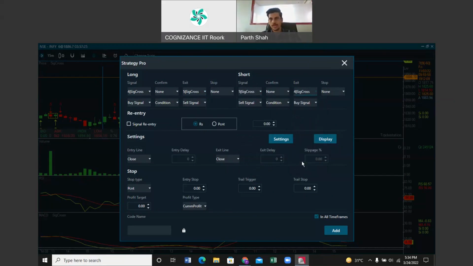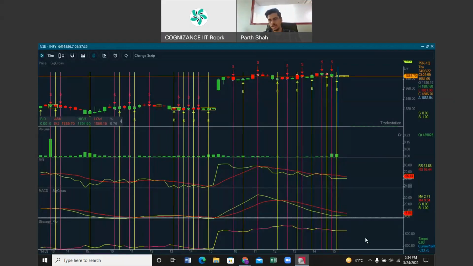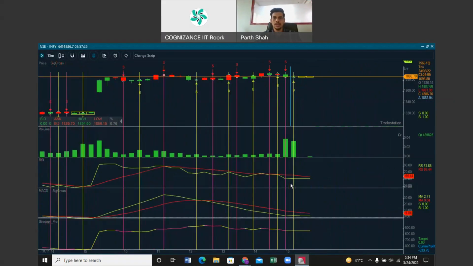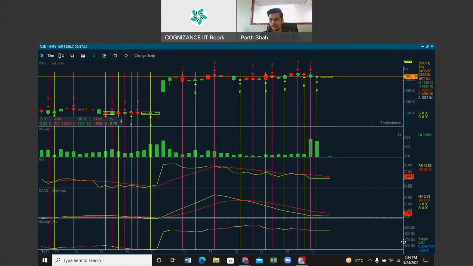Somebody has asked if this is a paid feature or a free feature. The complete EXE is free of cost, and all 5paisa customers can download this desktop trading application and use all the tools with respect to this application. So if you see, the lines have formed here, and I guess I should move this.